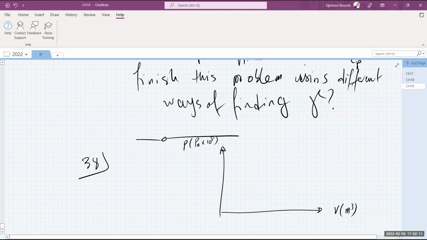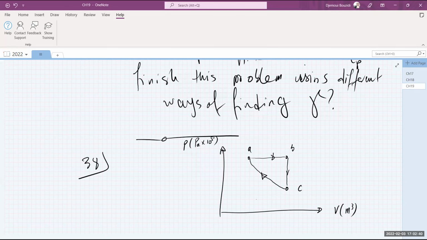So we have a point A, a point B, and a point C. From point A to point B we go this way, and from point B to point C we go this way. This is A, this is B, and this is C. And from C to A we go this way. So this is clearly a clockwise direction.